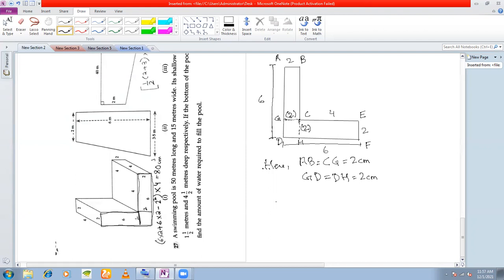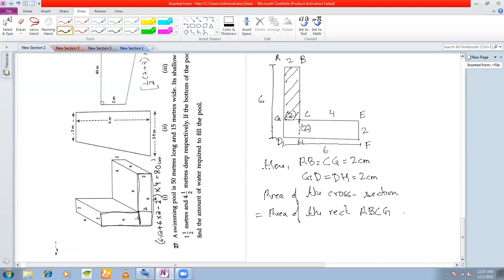Now if you see, the area of this figure is area of rectangle ABCG, right? Area of the cross section is equal to area of the rectangle ABCG. And which rectangle is that? This one, right?